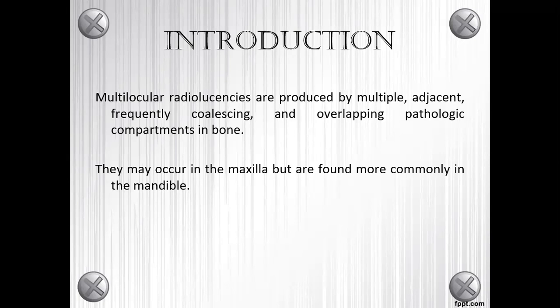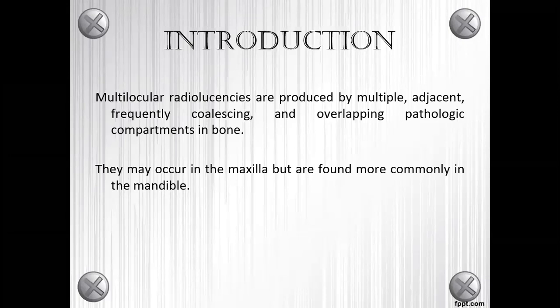Ma'am, because there are many radiolucencies seen in a radiograph, wherever there is the cyst. Correct. That means OKC can be in different locations. That's what you're trying to say. So, any lead on what syndrome it is associated with?